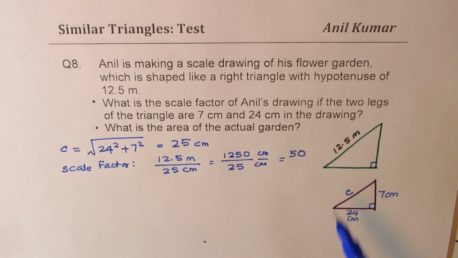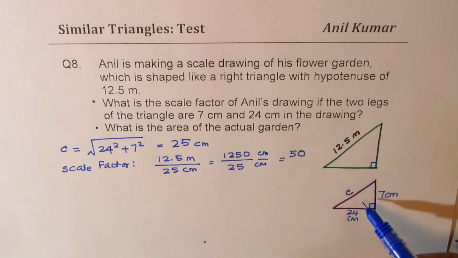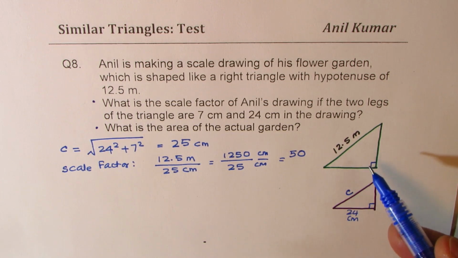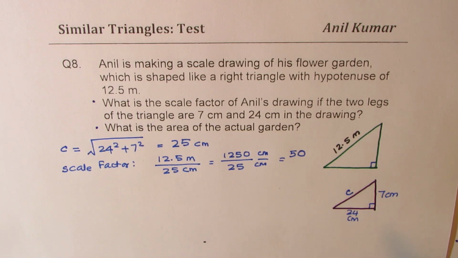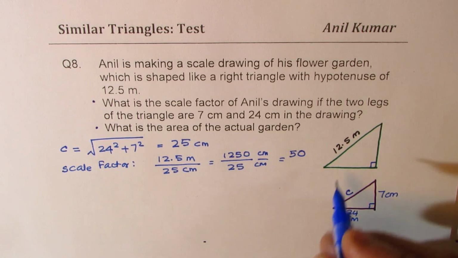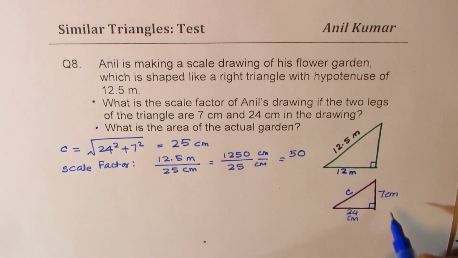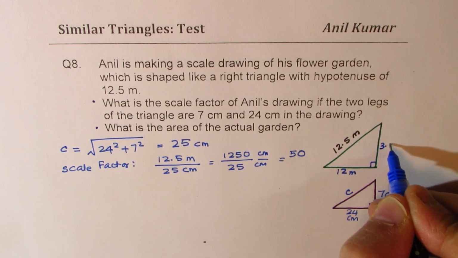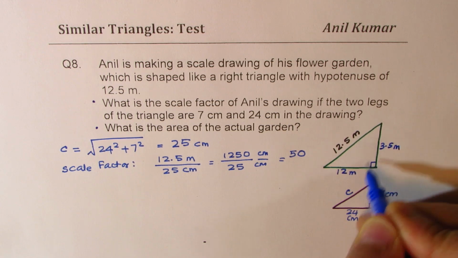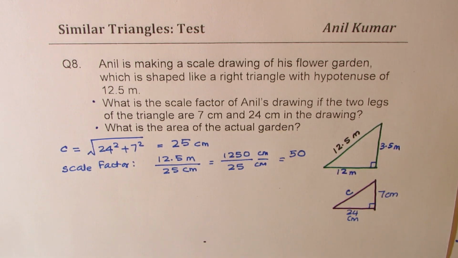Correct? In a way, 100 by 2. So converting to meters, right? So that is to say, this will be in meters and then half of it, correct? So that is how you're going to get it. So it should be, you can say 12 meters and this will be 3.5 meters. So those will be the actual dimensions. Well, no one is asking for that, but anyway, we got the scale factor.